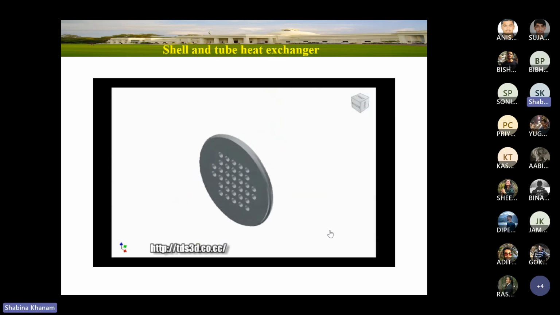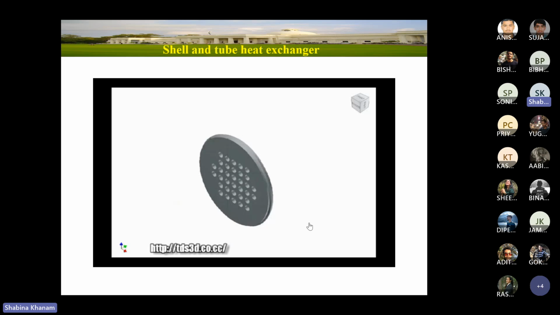So this is the tube sheet. It has a particular thickness, and how to choose the right thickness of the tube sheet, that we will discuss in design. And if you see here, we have the holes, and these holes are used to insert the tubes. And if you see this particular pattern, it is basically a square pattern, square pitch we call this.